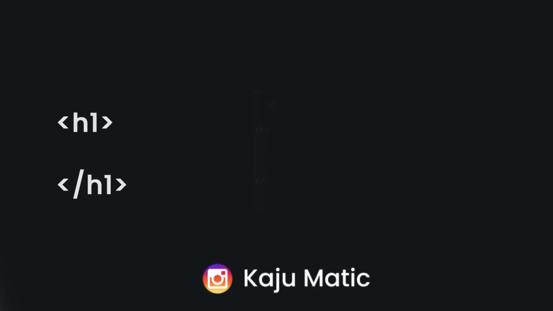What are the main properties of a navigation menu? It must have a logo, and in today's video we are going to use the name of the website as our logo. In that case, we are going to use an HTML5 tag called the H1.